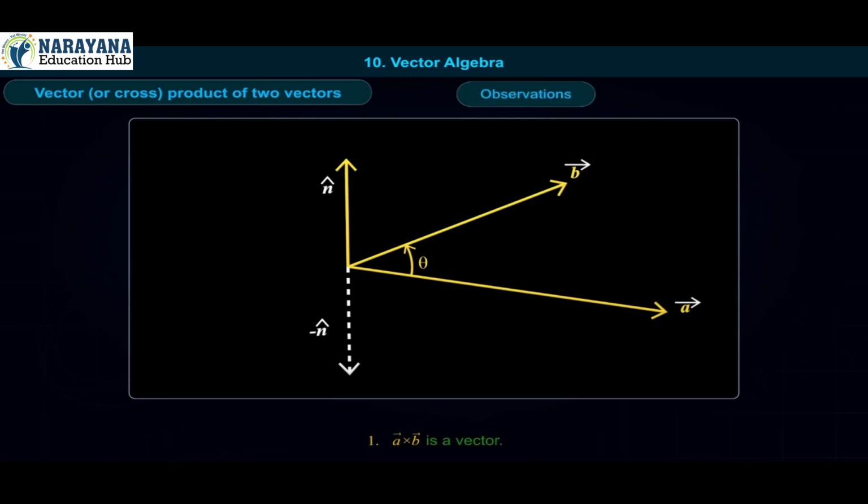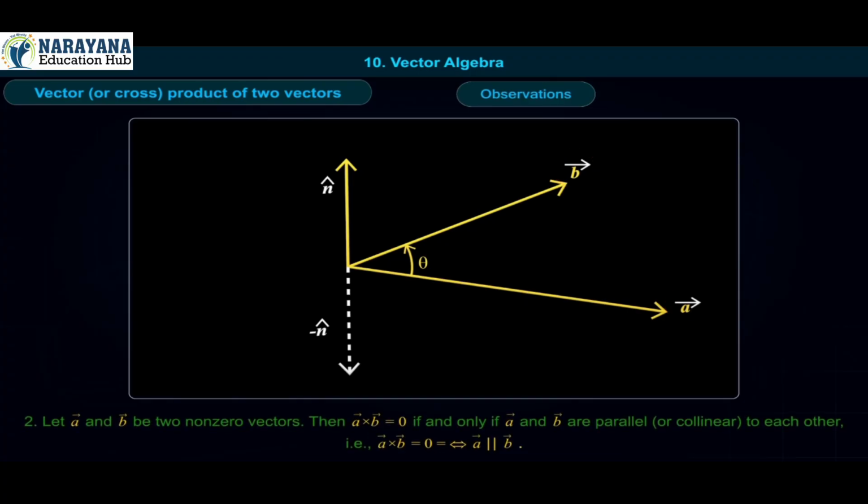Observations. Number 1. Vector A cross vector B is a vector. Number 2. Let vector A and vector B be two non-zero vectors. Then vector A cross vector B is equal to 0 if and only if vector A and vector B are parallel or collinear to each other.